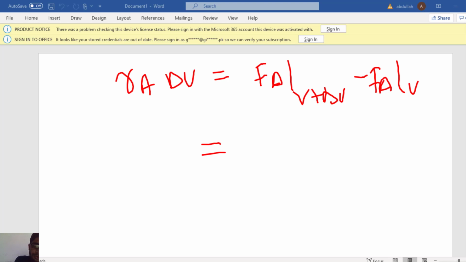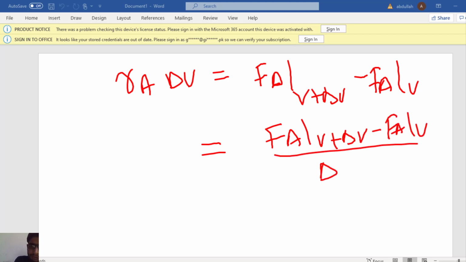Now divide both sides by delta V. It will be RA is equal to the flow rate FA at V plus delta V minus the flow rate of A at V, divided by delta V. Now let the volume tend to 0.